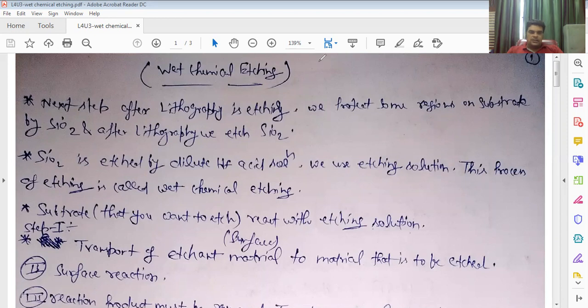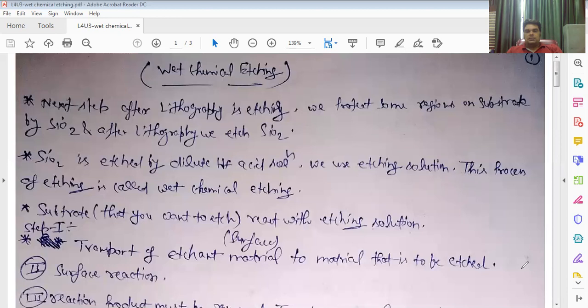So what are the steps that are being performed in wet chemical etching? The first step performed is the transport of etchant material to the material that is to be etched. Suppose you want to etch this particular surface, so you have to transport etchant material to the material that is to be etched.